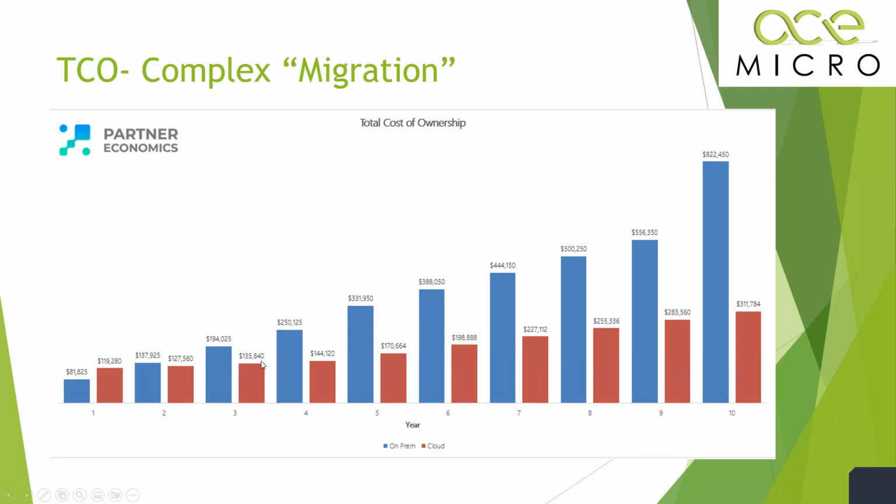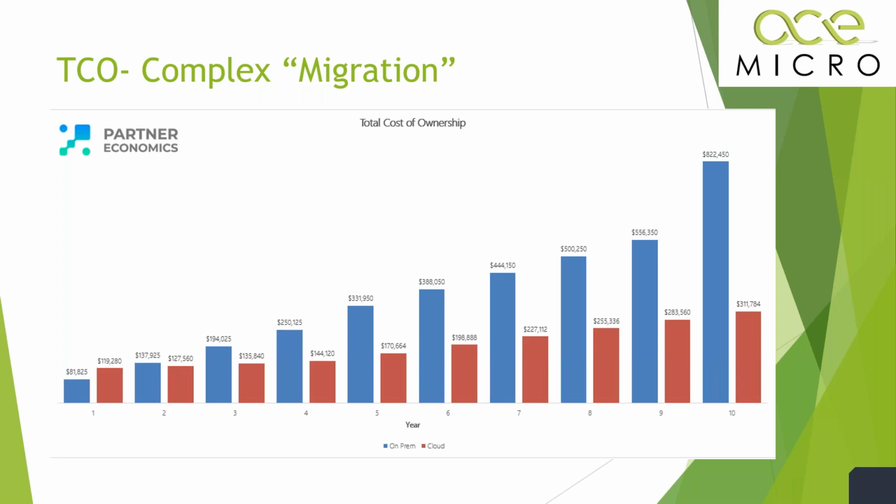And in year 3, you're certainly saving a lot of money, about $60,000 in savings over a 3-year period. But look how the cost of continuing with an on-premise solution versus a cloud solution hockey sticks up. You're looking at nearly $500,000 in savings over a 10-year period. That's a significant amount of savings over that period of time.